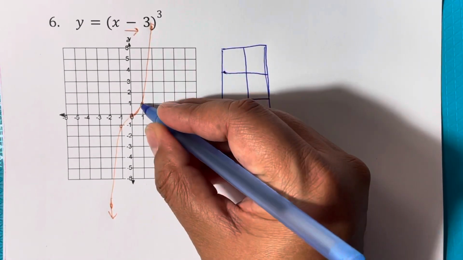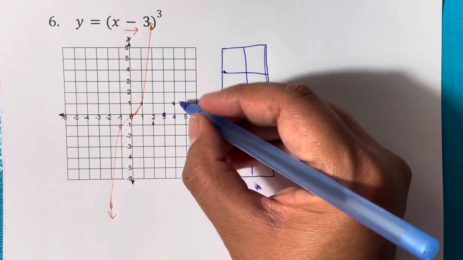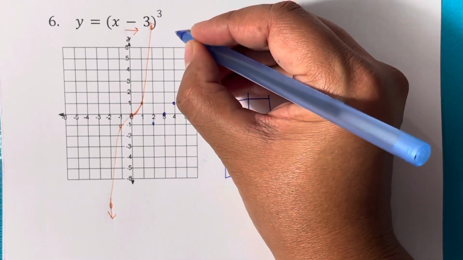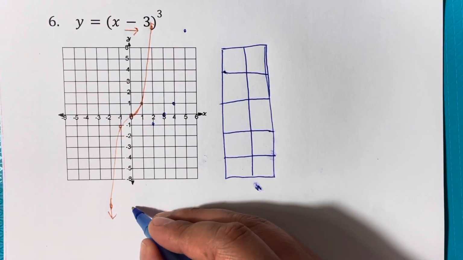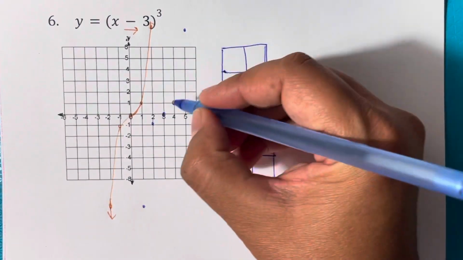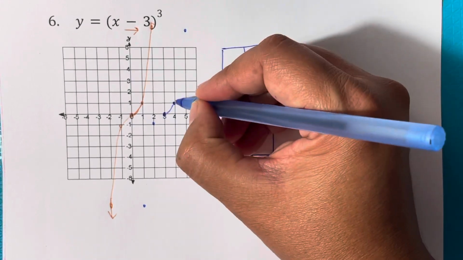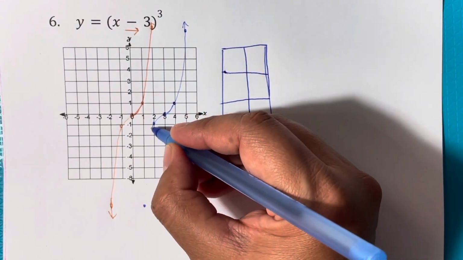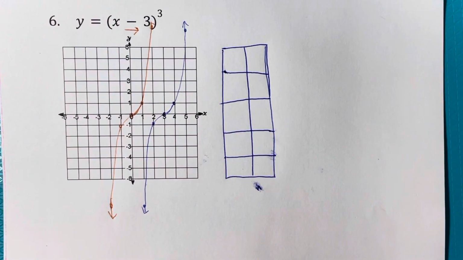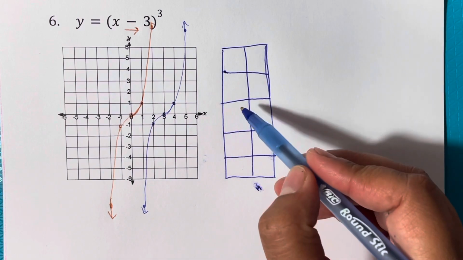Compared to the mother graph, remember these points, and then this one is also 3 spaces, so around there. So that's where my graph should be. Okay, we'll check with the table and find those values. But how do I choose my values for x?